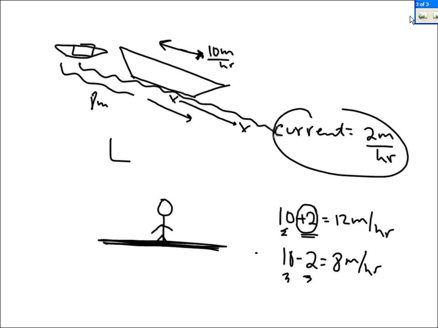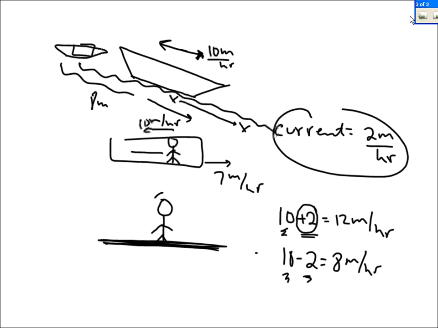If somebody's on a walkway and the walkway is going in this direction 7 miles per hour, and for some reason they go the other way at 10 miles per hour, if the walkway is fairly long, in 1 hour they will be right here, 3 miles away. And another hour, they'd be another 3 miles away. Okay, you subtract.